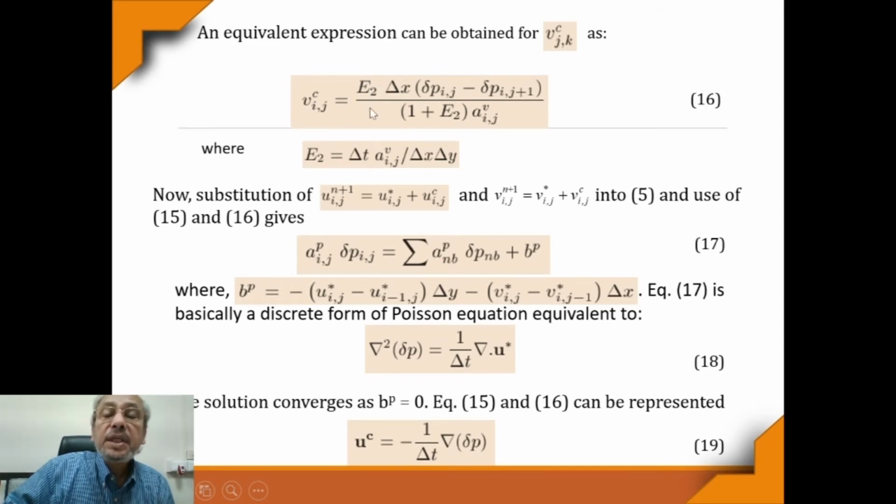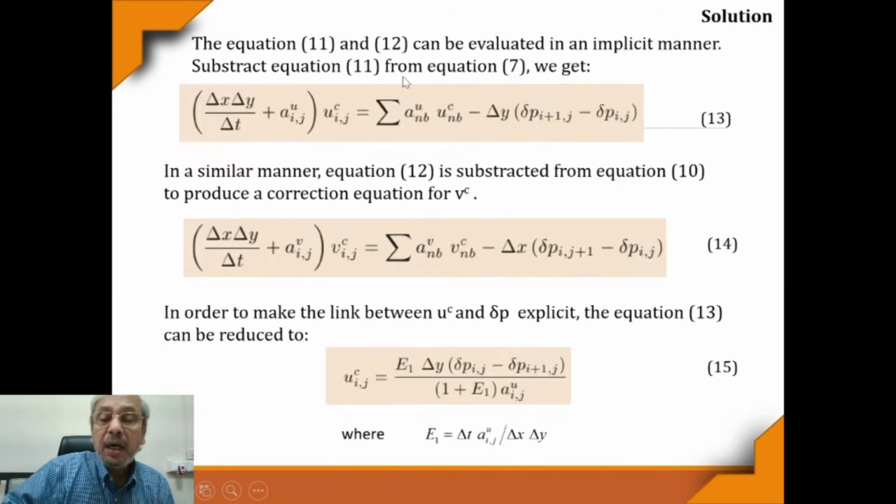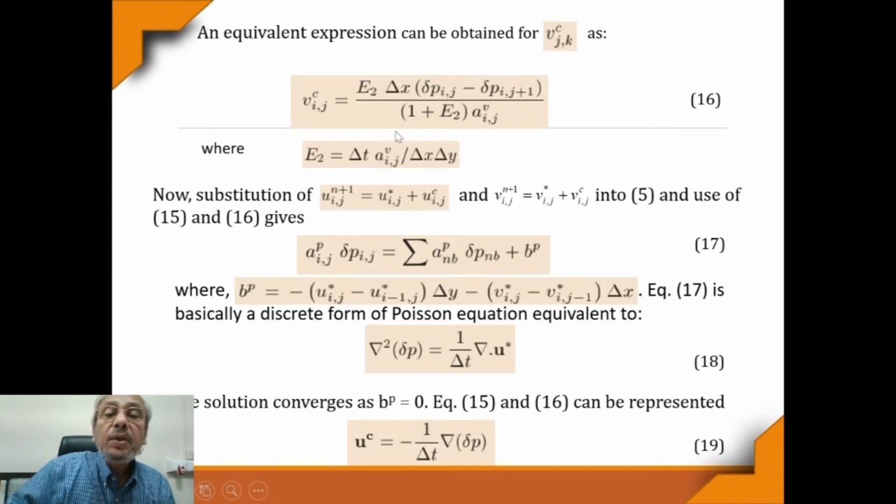Here also, just after obtaining the expression from this equation, neglecting the neighboring terms, if we reorganize everything algebraically, we will get this E2 appearing in the numerator and denominator, and E2 is delta T Aijv, the coefficient of Vij, whether at the n+1 level or the n level, divided by delta x delta y.